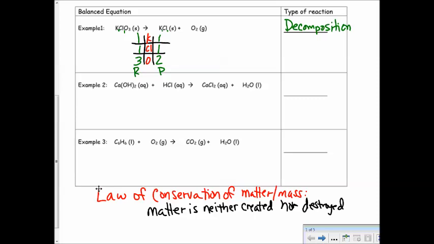The least common multiple between a 3 and a 2 is going to be 6. So I can multiply one of them by 3 and one of them by 2, and they both would end up having 6 atoms on each side. So this particular strategy, when you have an odd number like that, you might want to use the least common multiple idea.